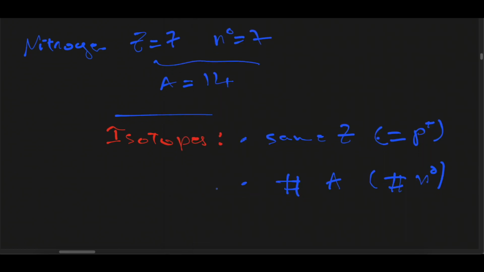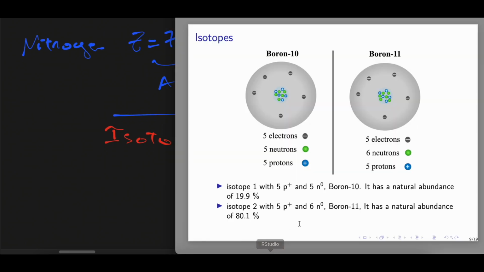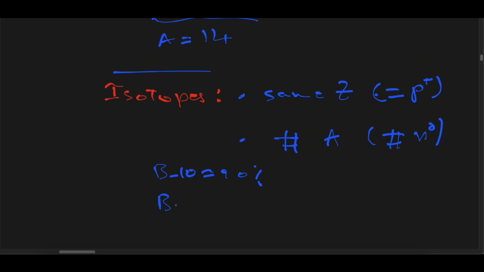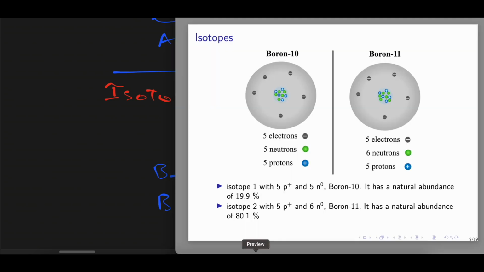So they have different neutrons, and also we can notice with these isotopes that they are found in a mixture, and in this mixture we have different abundance. For example, the boron 10 is about 20% in this mixture, and the boron 11 is about 80% in this mixture.